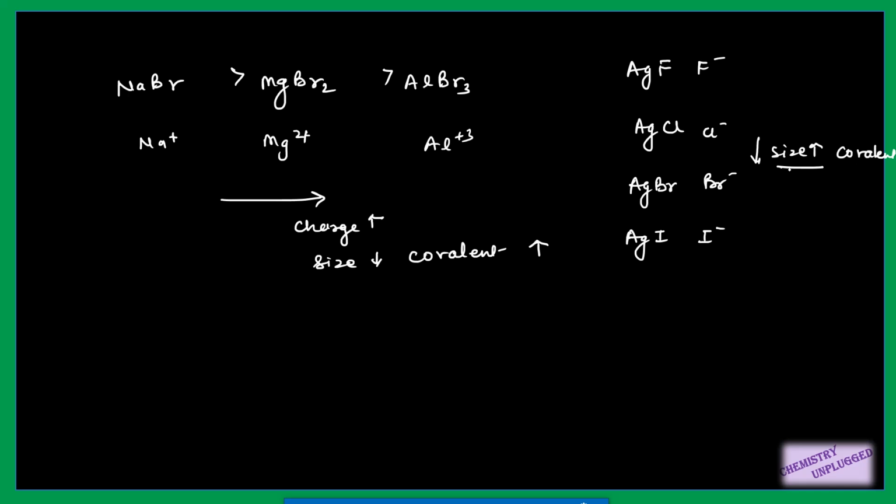So we cannot consider the charge, and we know that as the size of an anion increases, its electron cloud can easily be distorted. So covalent character increases. As the covalent character increases, their solubility in polar solvents like water will decrease. So AgF will have the highest solubility, then AgCl, AgBr, and AgI is almost insoluble, right? So you can apply these concepts.